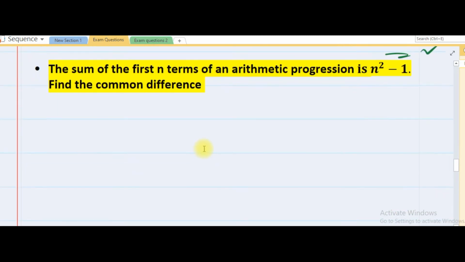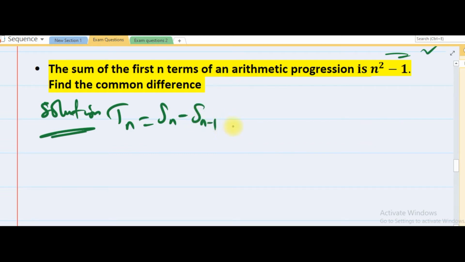So the next question: the sum of the first n terms of an arithmetic progression is n squared minus 1. We have to find the common difference. If you remember, the nth term is related to the sum of the n terms minus the sum of the n minus 1 terms. Do you remember from the previous video?